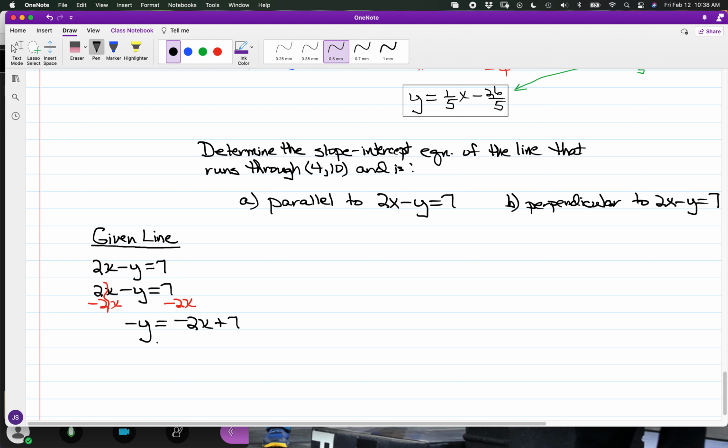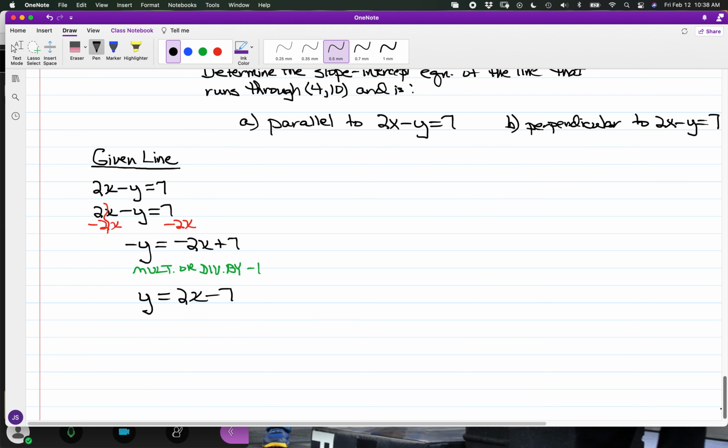And I can either multiply or divide on both sides of the equation by negative 1. In other words, what was negative becomes positive, and the other way around. Okay, so we have that y is going to be equal to 2x minus 7. So we have here that the slope is equal to 2.